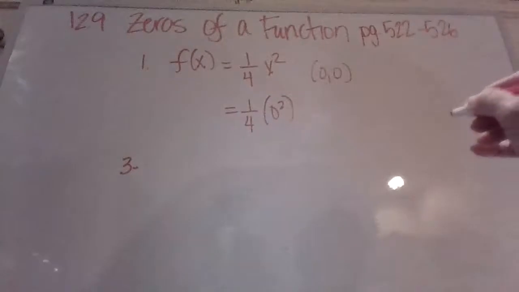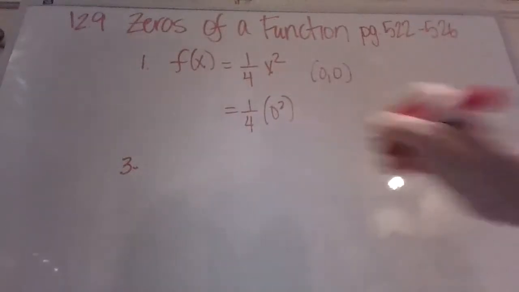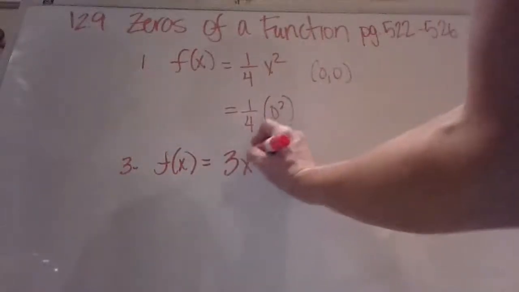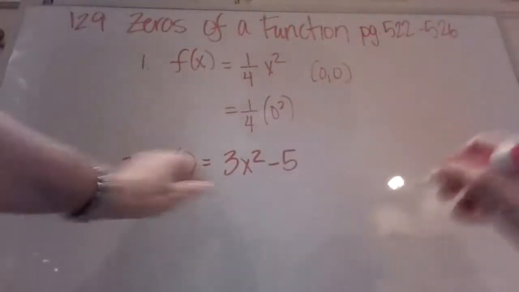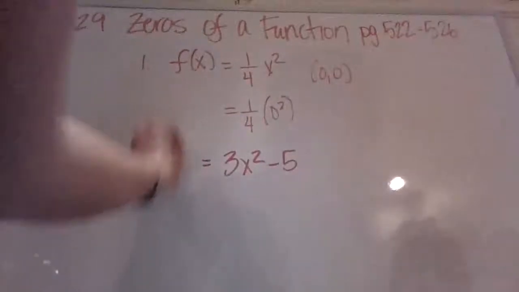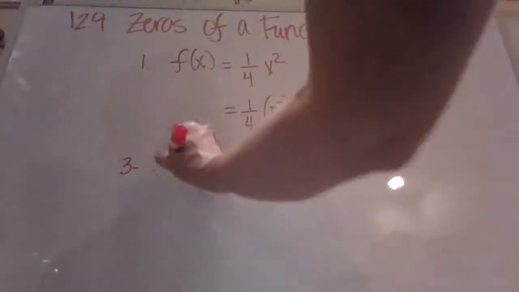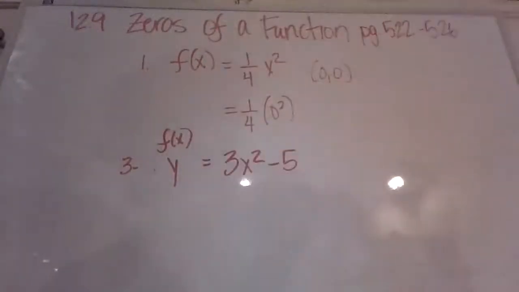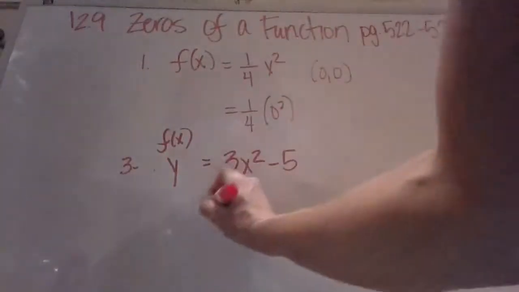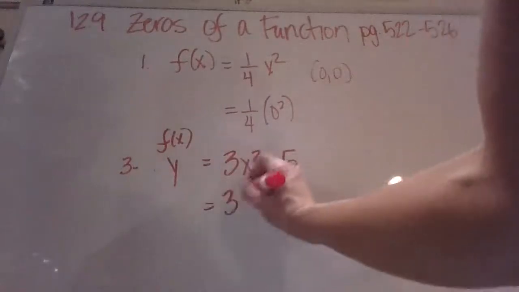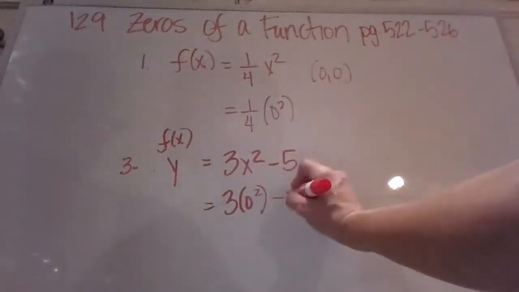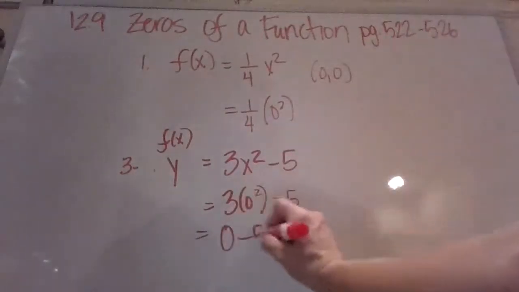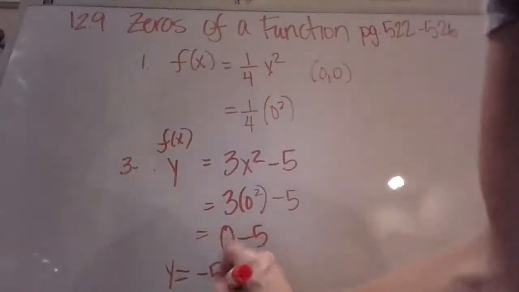Number 3. Number 3 is f of x equals 3x squared minus 5. Remember, this is y. When I make this 0, even though the book says f of x, just think of it as y. So I'm going to set x equal to 0: 3 times 0 squared is 0 minus 5, so then y is equal to negative 5.